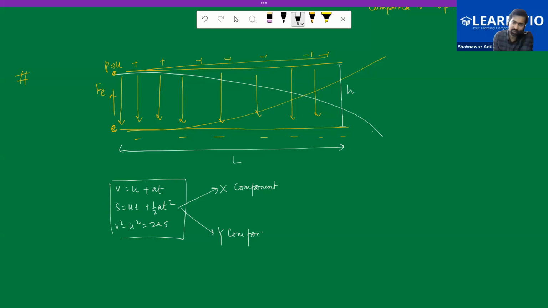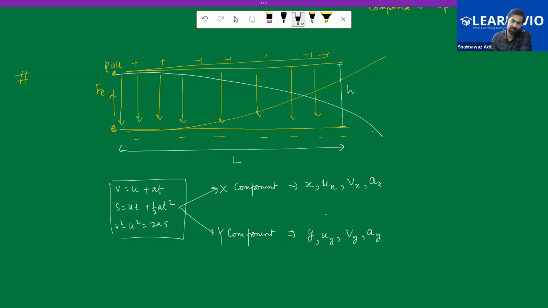The X component would have the X distance, then Ux speed, Vx final speed, and Ax acceleration, right? And the time for both cases would be the same, right? Vertical time, horizontal time, both will be the same. The Y component will have Y distance, Uy velocity, Vy velocity, and Ay acceleration.